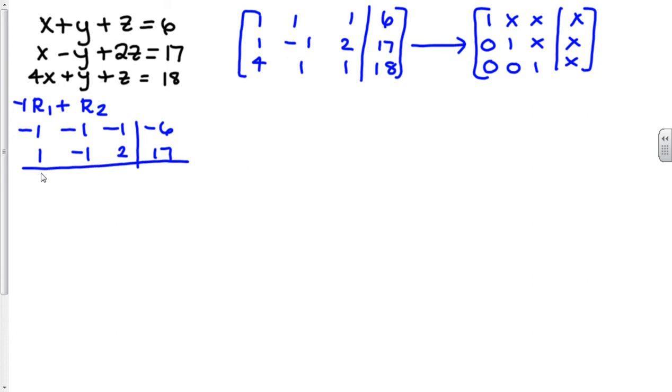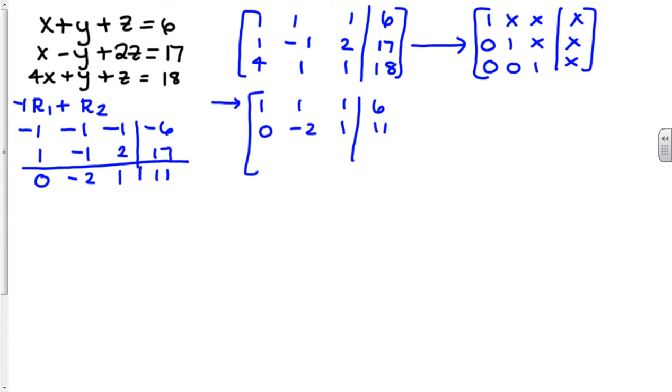Add them together, 0, negative 2, 1, and 11. So my new matrix, the first row stayed the same. My second row becomes 0, negative 2, 1, 11.